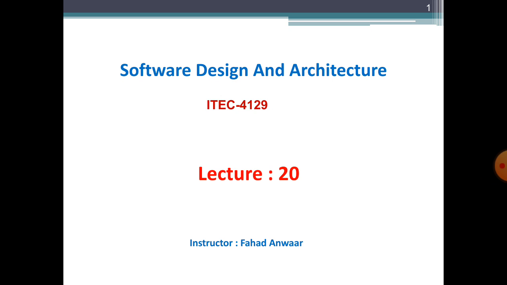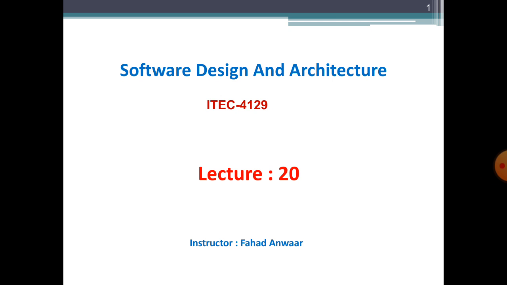So, students, before I start today's lecture discussion, I would like to give you a little bit of a recap of our last lecture. If you remember, we discussed different categories of architectural patterns, where we covered the layer-based hierarchical software architecture, its description, and a real-world example of a library management system.